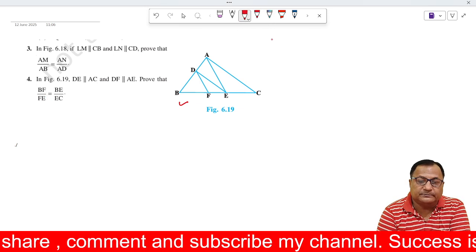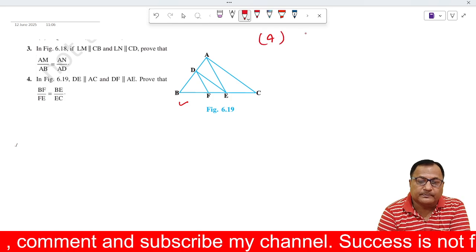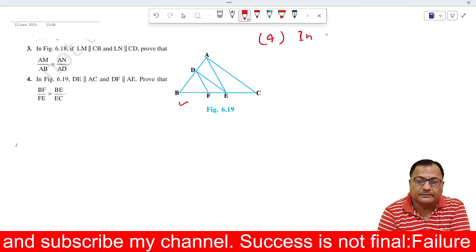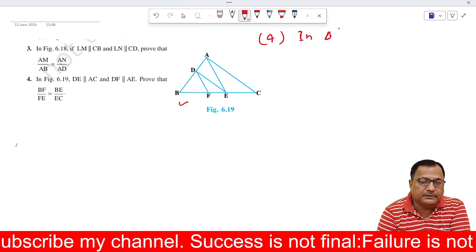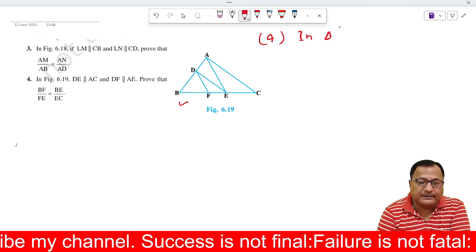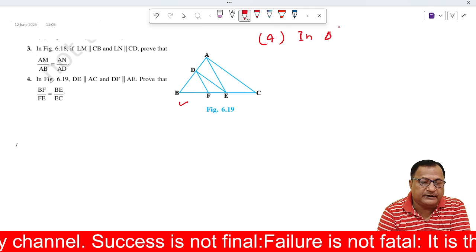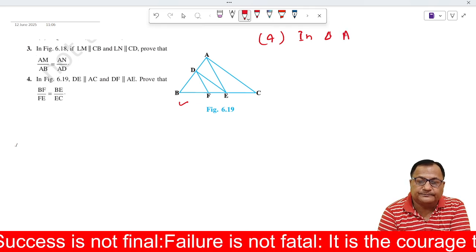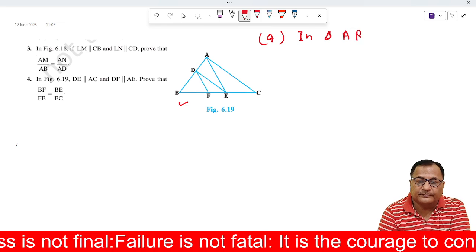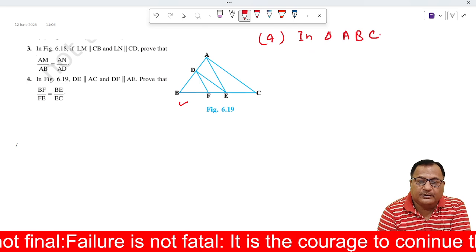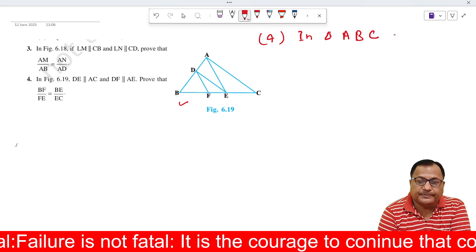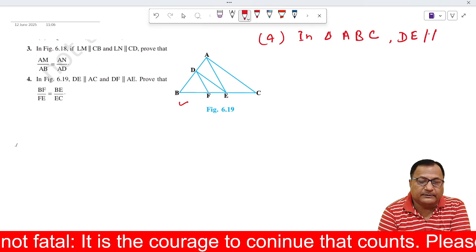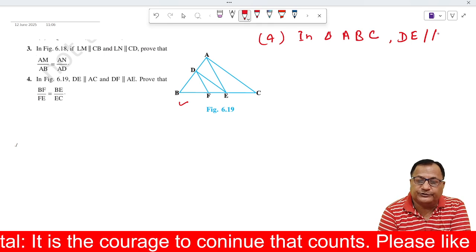So first, question number 4. In triangle ABC, DE is parallel to AC, given.